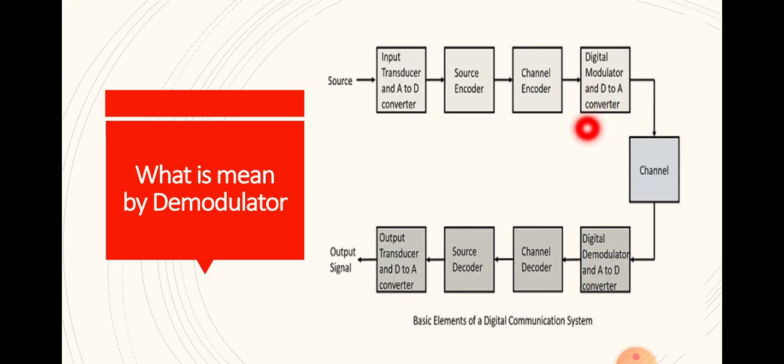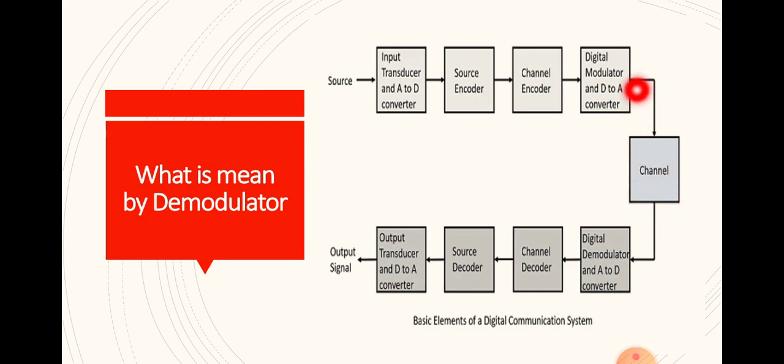Hence we convert digital information to analog form, because analog information easily travels through the channel. The information can be transmitted baseband or broadband, that means wireless or wired communication, so accordingly we have the channel.